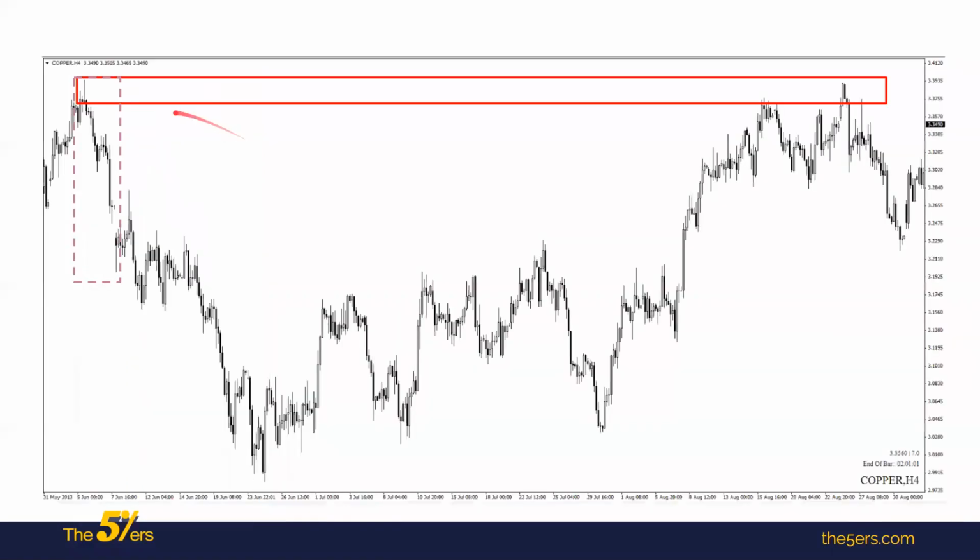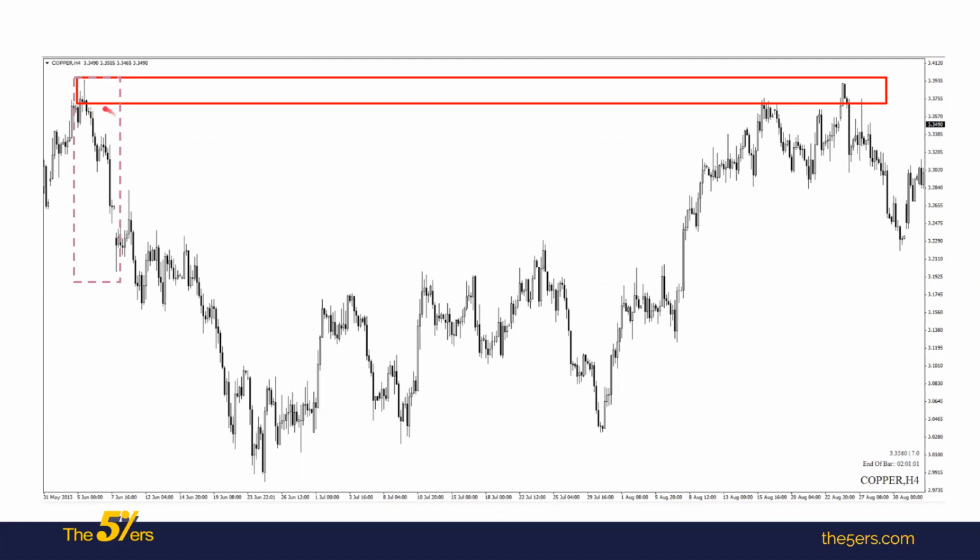Okay, so we're creating this zone and we're stretching it all the way into the future. In this case, we have the future already plotted in, so we can see what happened when price was climbing back to this very point that we were plotting.